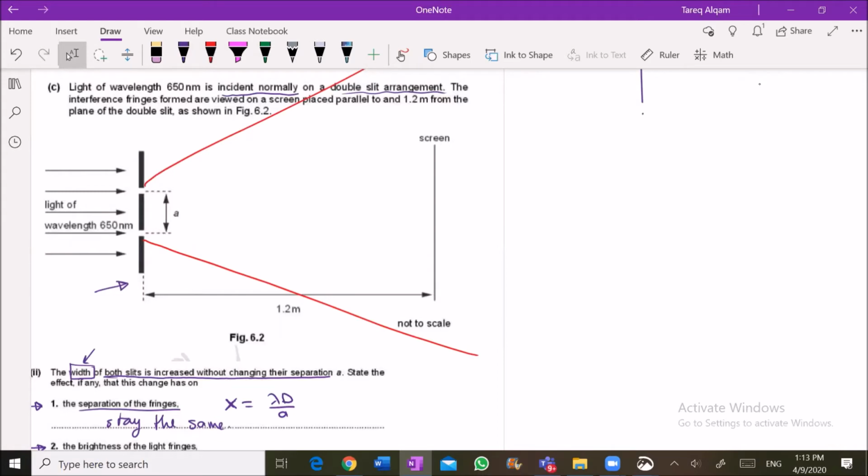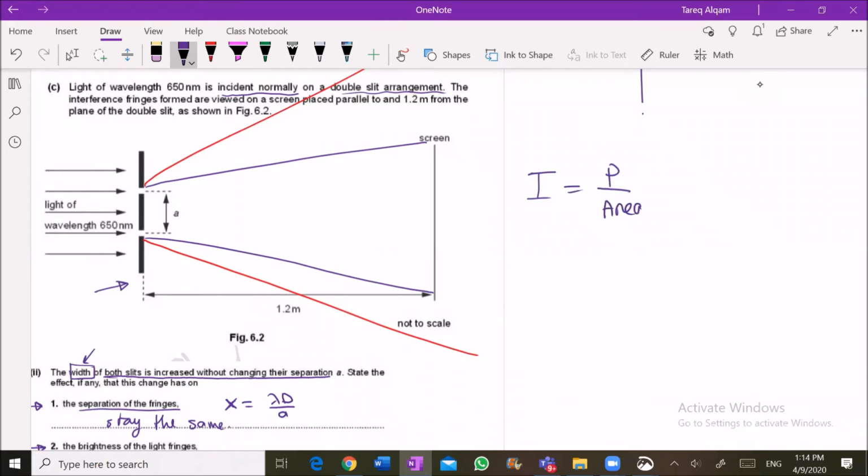If I use a wider slit, this means less diffraction. If I have less diffraction, if the area where the light is distributed is less, معناته the intensity becomes more, because the intensity equals power over area. Power over area, right?